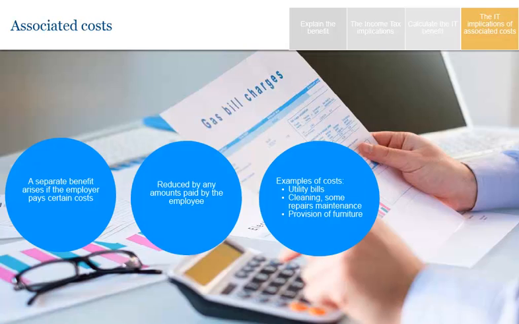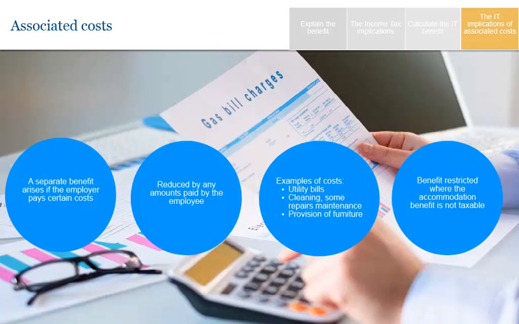Some of the more common examples of when this might arise are shown above: utilities, cleaning, etc. With regard to the provision of furniture, for example a TV, a sofa, which you might expect moving into a place that's been provided to you by your employer, the 25% times cost rule applies to calculate that benefit.